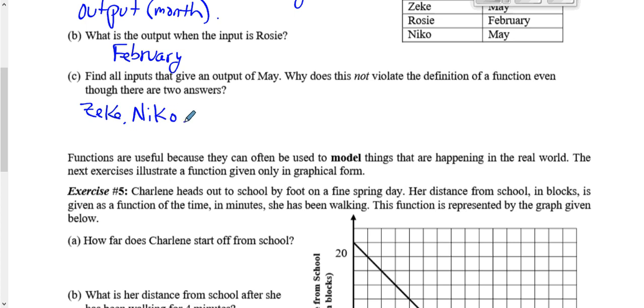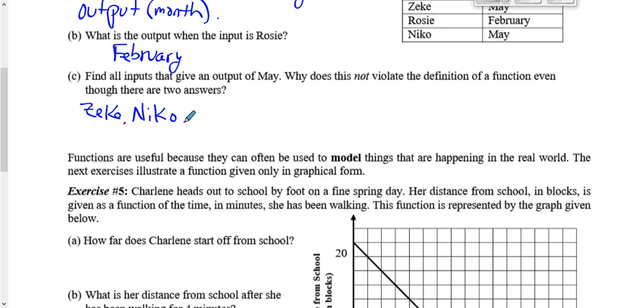All right, what's the follow-up? It's in the folders. Why does this not violate the definition? We were just talking about that. Because they have one output. Right. Outputs can have multiple inputs, can't they? Yeah.